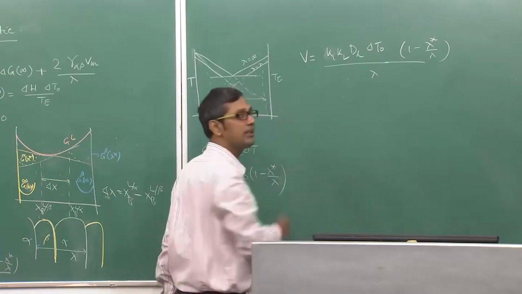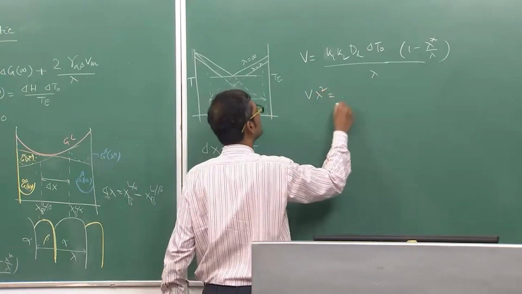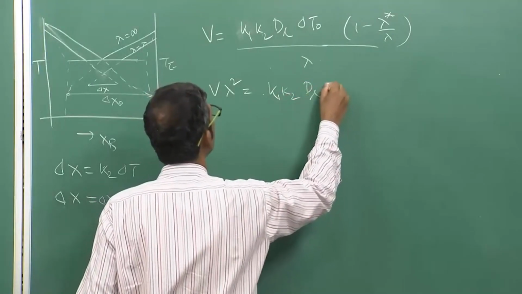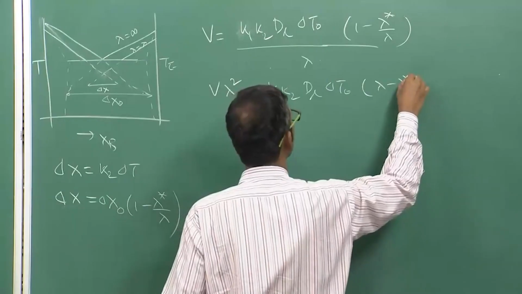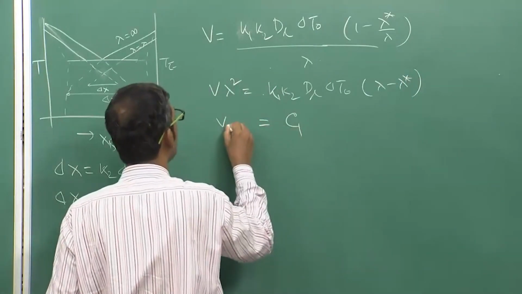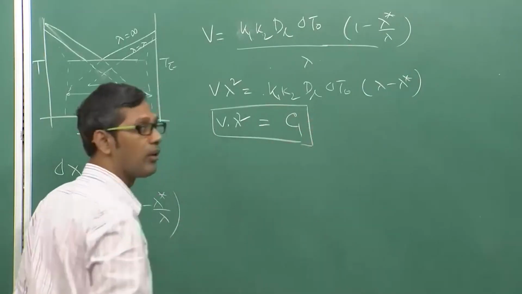Now, if we do the maths a little bit properly, you will find out V lambda square is equal to K1 K2 D_l delta T0 and a factor of lambda minus lambda star. So this can be treated as a constant C1. That is why V lambda square is basically equal to C1.